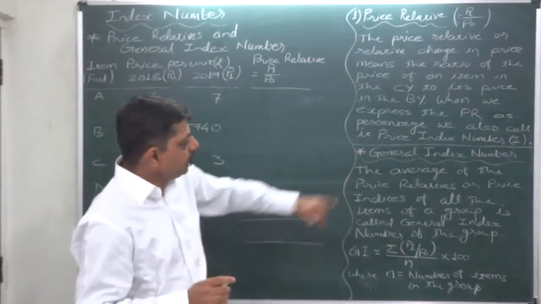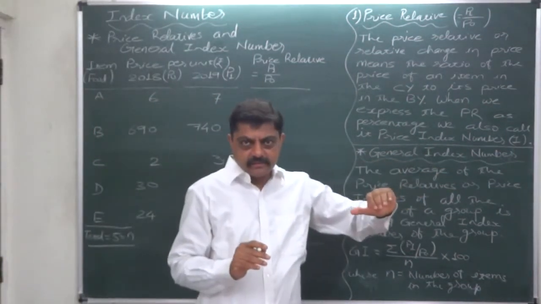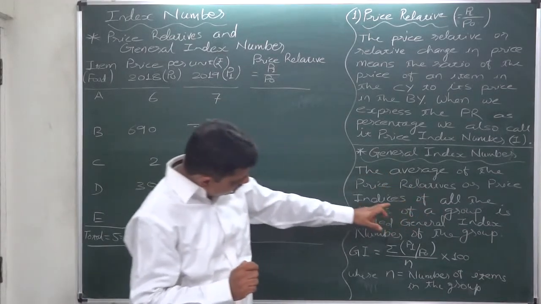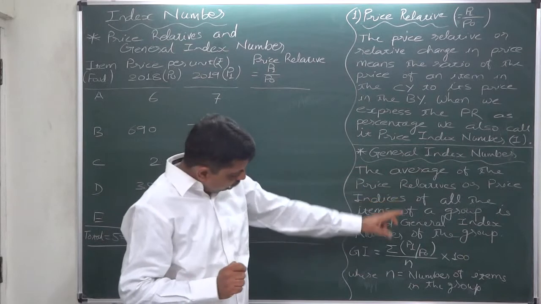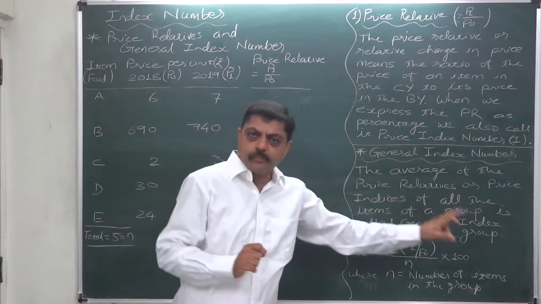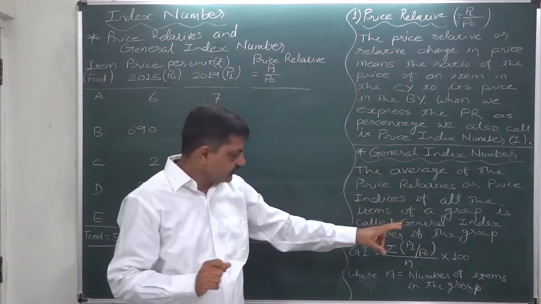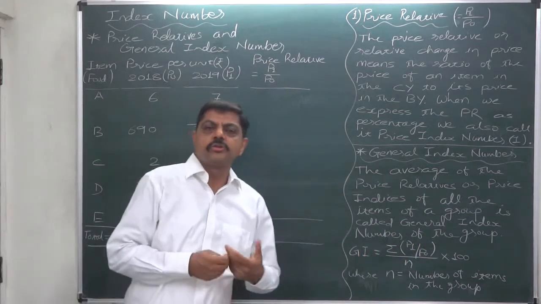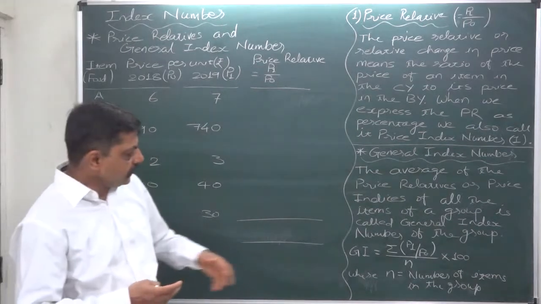Then what is general index number? The average of the price relatives or price indices of all the items of a group is called the general index number of the group. It is also known as general price index.